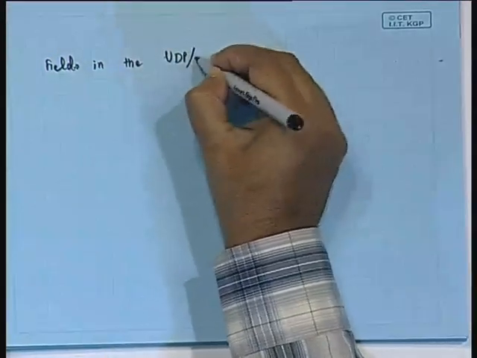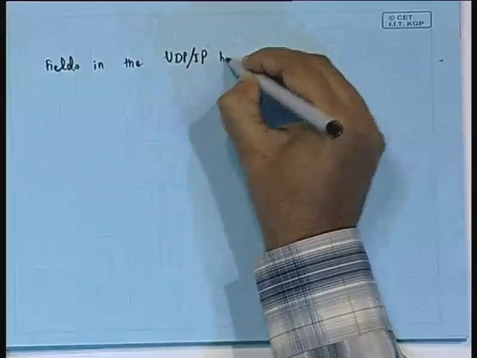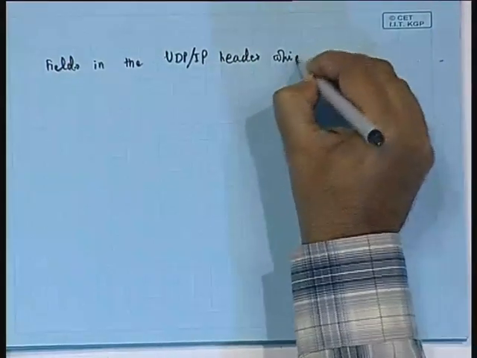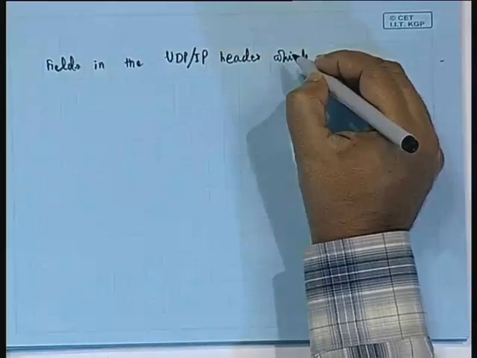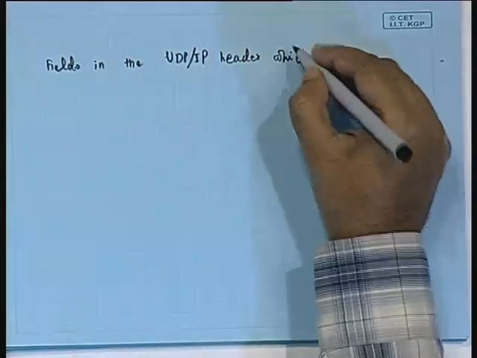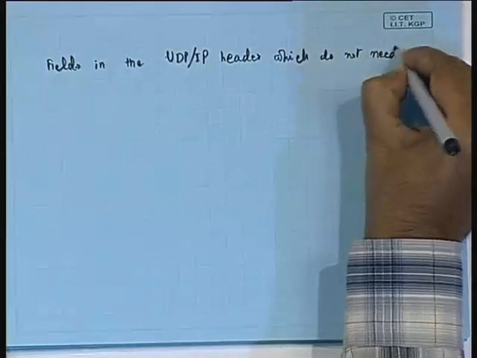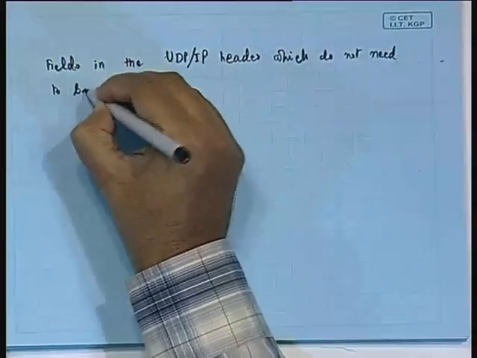fields in the UDP IP header which do not need to be considered.